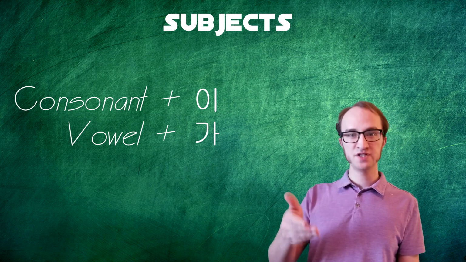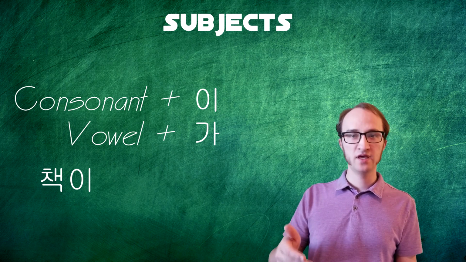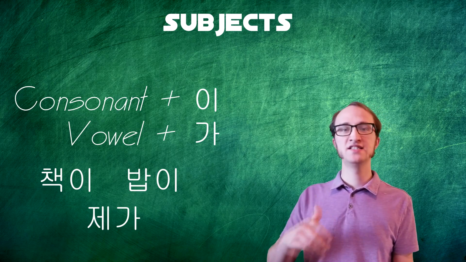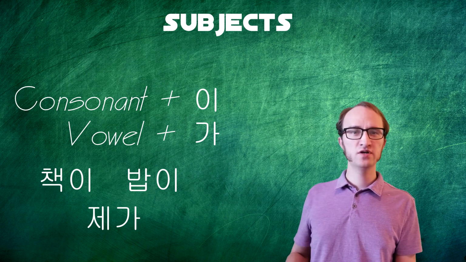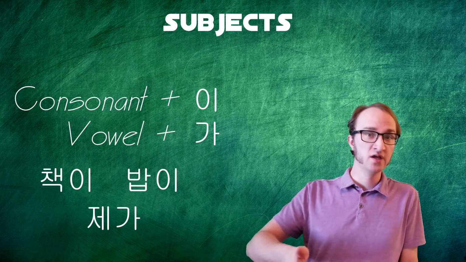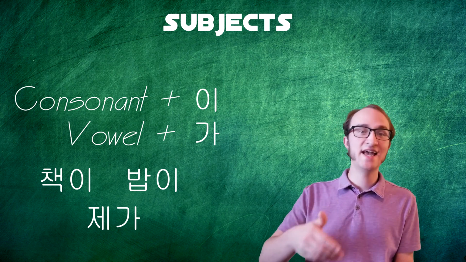So when they're subjects, 책 would become 책이, 밥 would become 밥이. And this one's a little weird. 저 becomes 제가. There are a few words that change forms a little bit when they become subjects. I'll point them out when we cover them. 저 is one of them. So 저 as a subject is 제가.